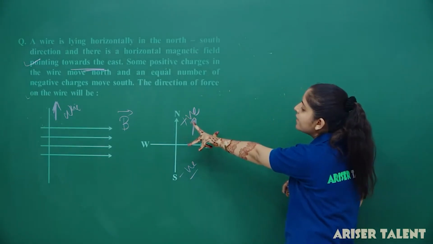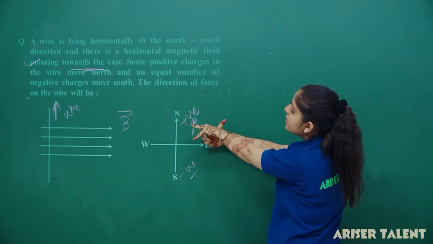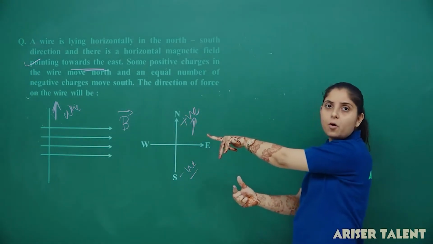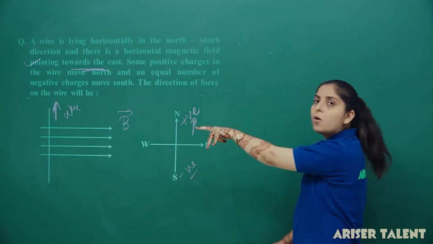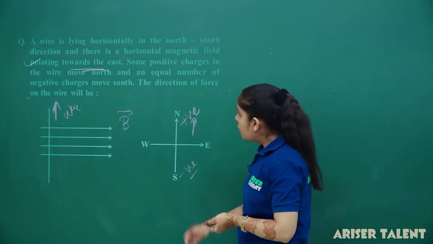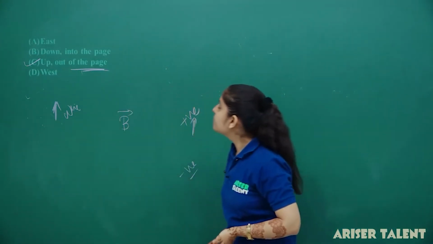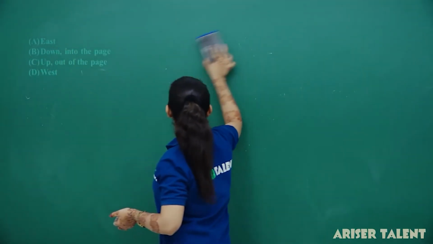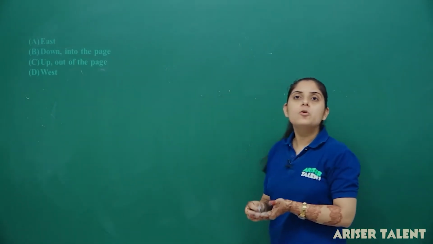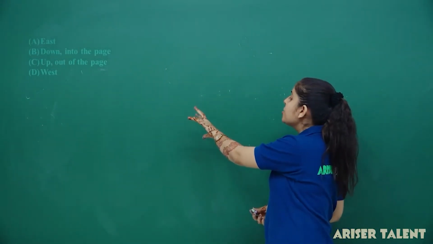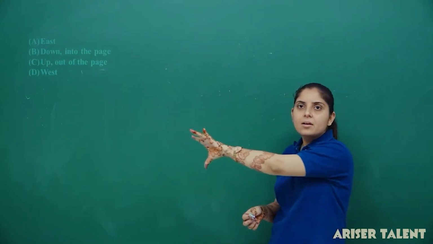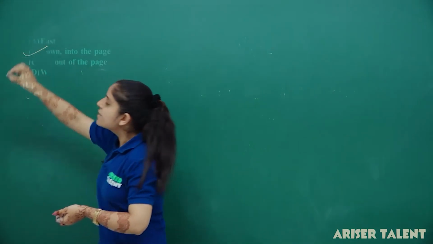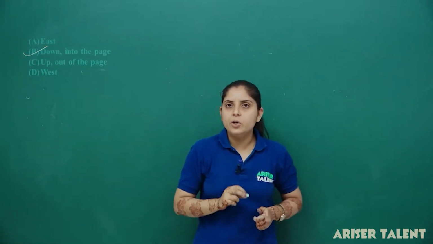This is my magnetic field, this is our direction of current, and the thumb is pointing inward, into the wall, or into the paper. So what will be the correct option? The direction of the force will be into the page, but oriented a little in the downward direction. Option B is correct here, that is down and into the page.